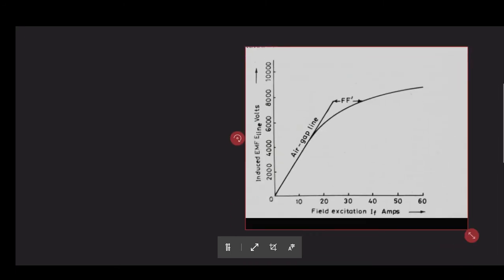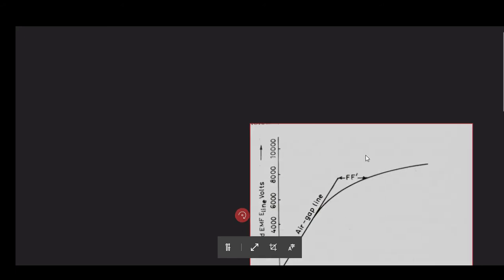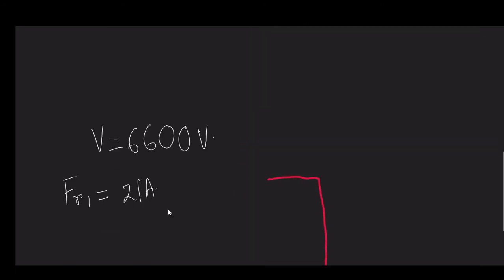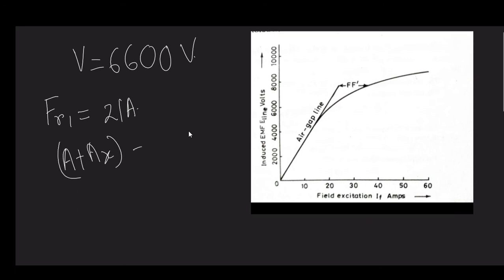How it comes? Well, FR1, we already know the value of A plus AX, that is 30 ampere.